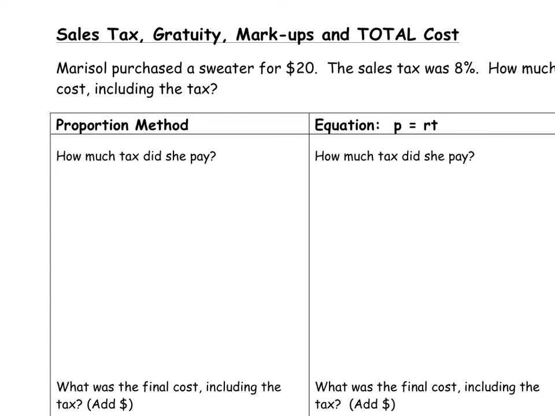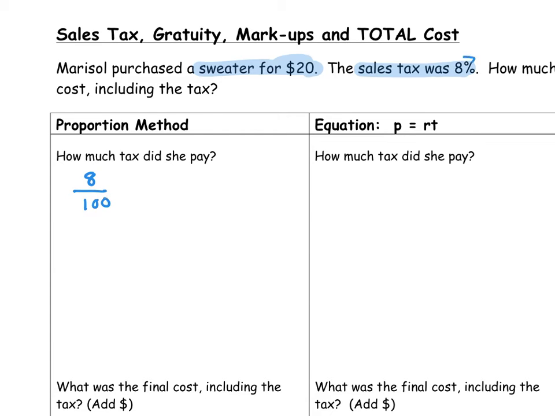And before we start, we're going to focus on the fact that the sweater costs $20 and the sales tax is 8%. So when we purchase something, most states charge a sales tax. So we're going to start because it says how much tax did she pay? We're going to start with the 8 out of 100.